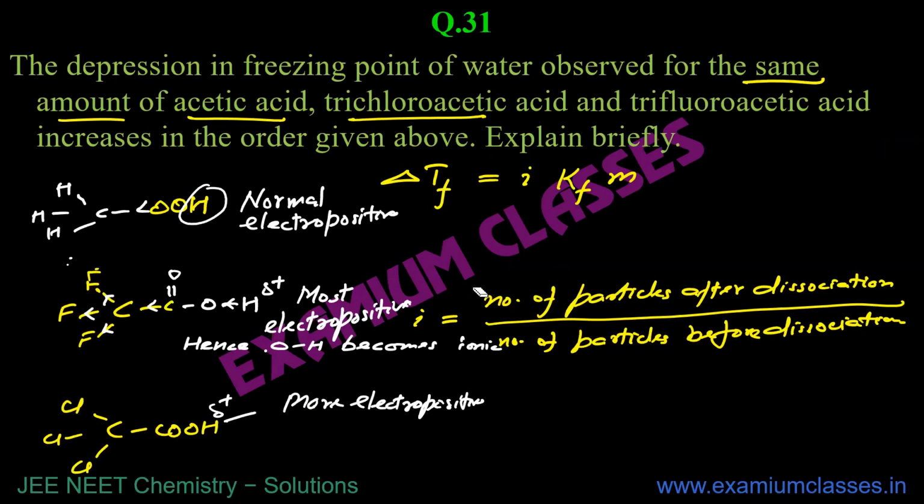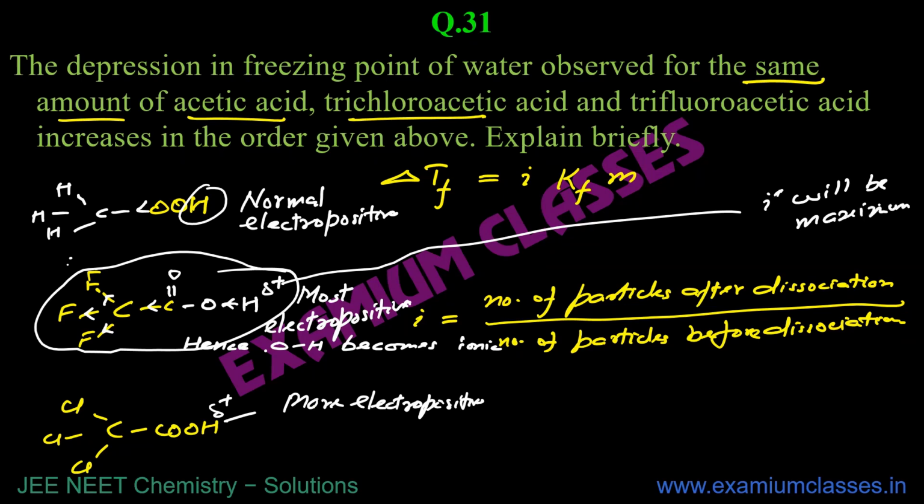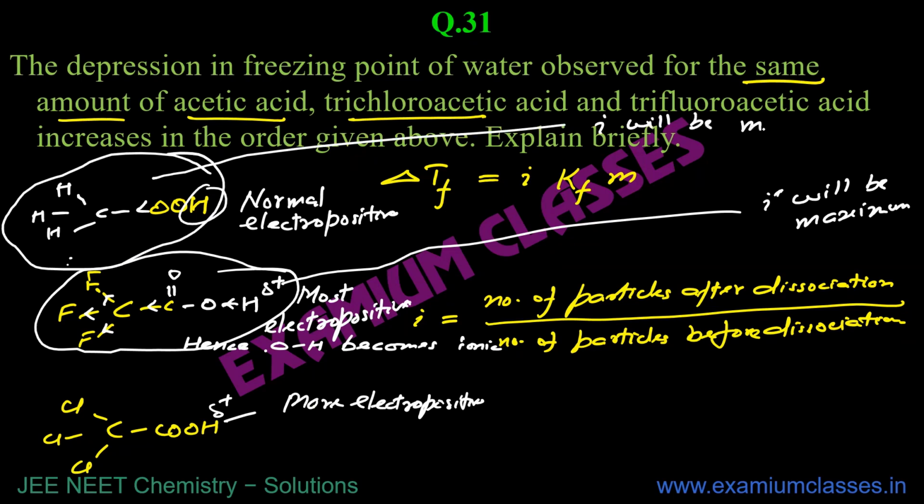So it means in trifluoroacetic acid, the number of particles after dissociation will be maximum. So in this case, i will be maximum. Van 't Hoff factor will be maximum. And here in this case, i will be minimum.